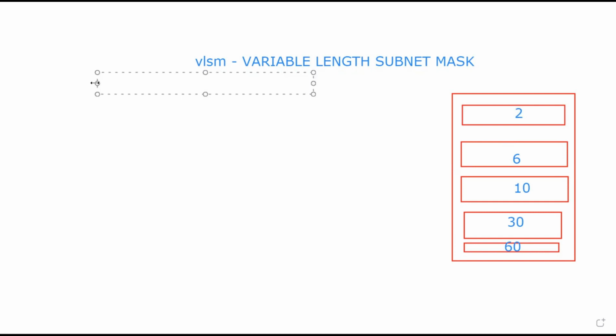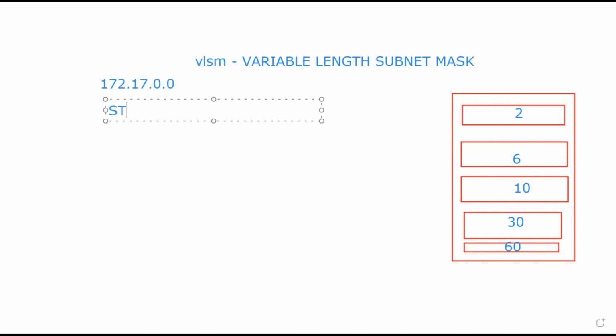So how can we save our wastage of IPs through VLSM? Let me start. The given IP address is 172.17.0.0.